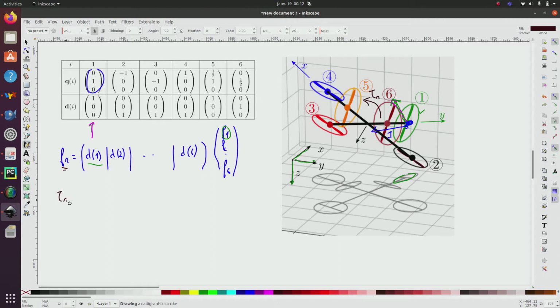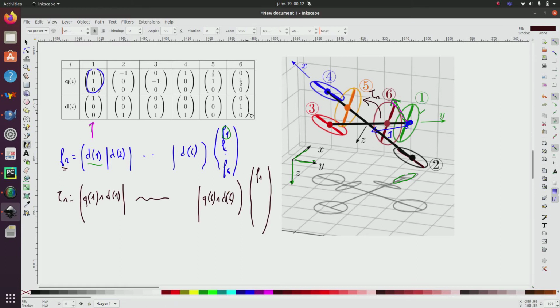So tau r corresponds to the vector product for the first one, q1 vector product direction d1, multiplied by f1. And the last one will be q6 vector product direction d6, so direction d6 is this one, multiplied by f6. And so on.